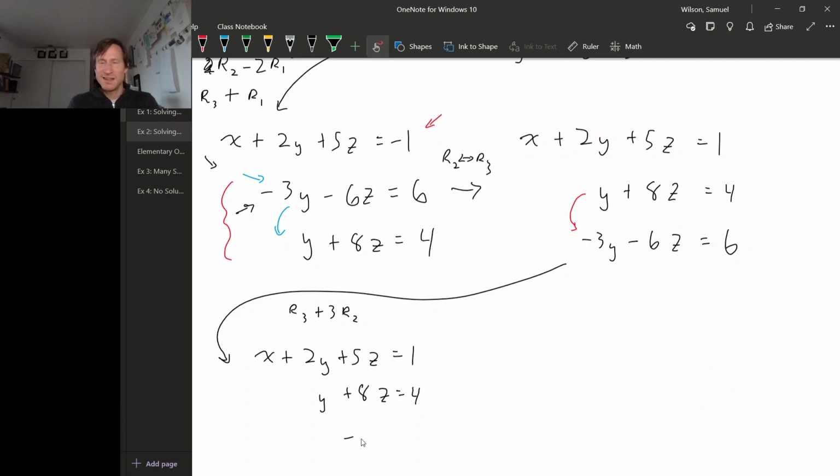So plus 18z equals, and then 6 plus 3 times 4. 3 times 4 is 12, plus 6 is 18.